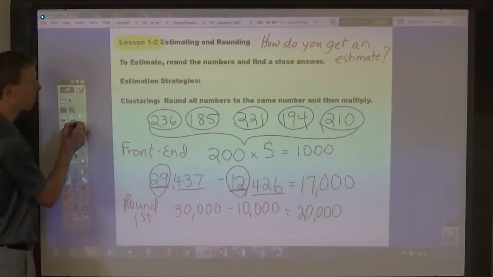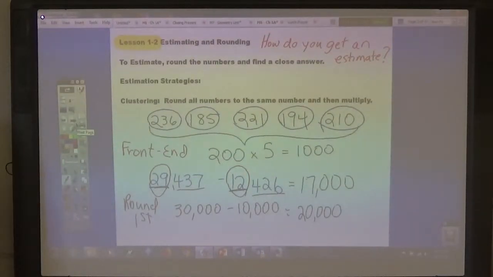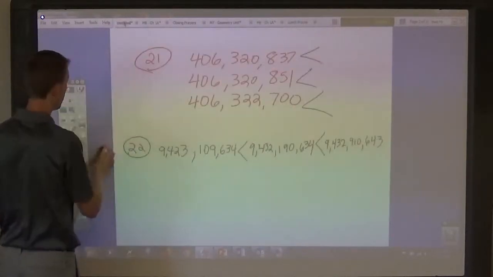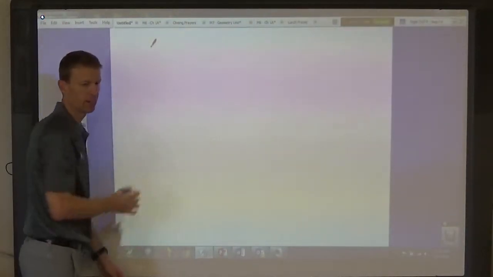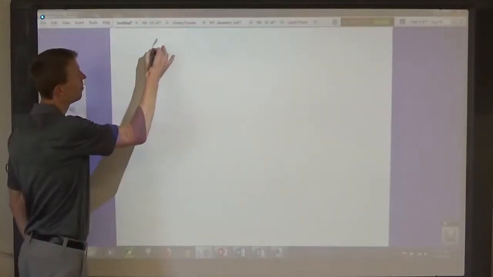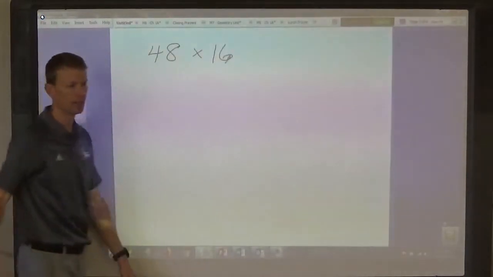Now, what if we have multiplication that we have to do? What if we have one like this? How do we multiply when you're estimating? So we have 48 times 16.